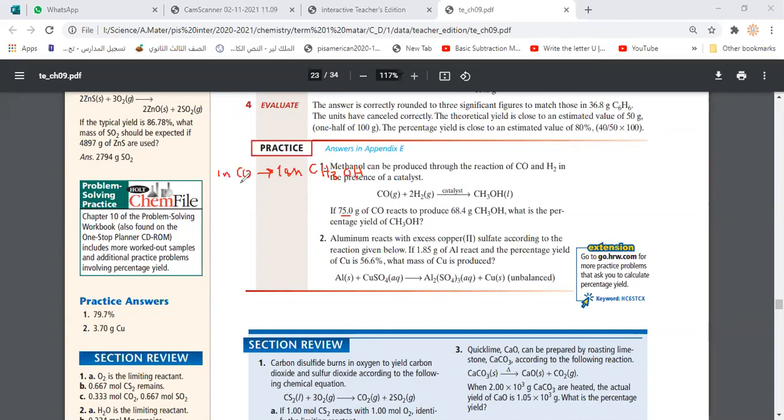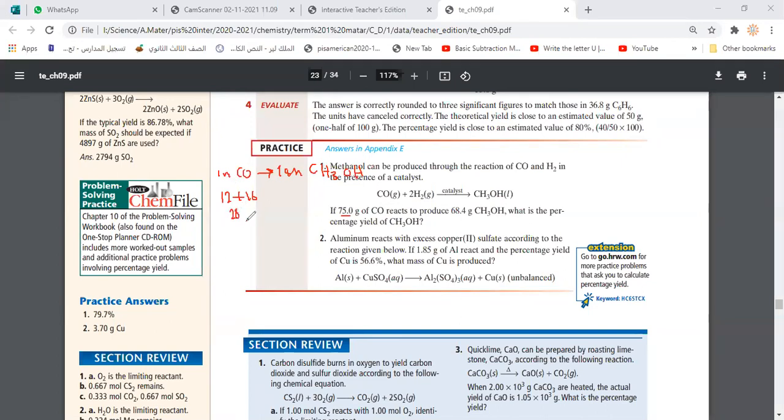Suppose that 1 mole of carbon monoxide equals how many grams? Carbon is 12, oxygen is 16, so 12 plus 16 equals 28 gram.